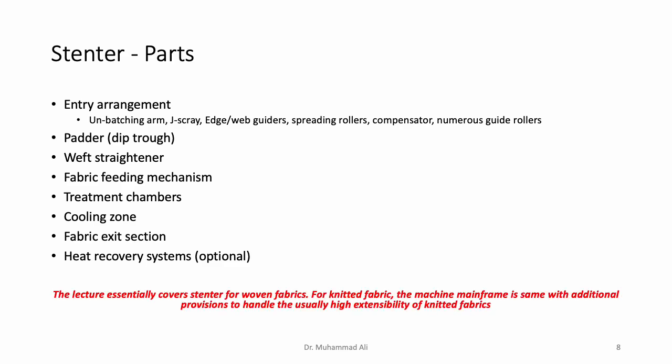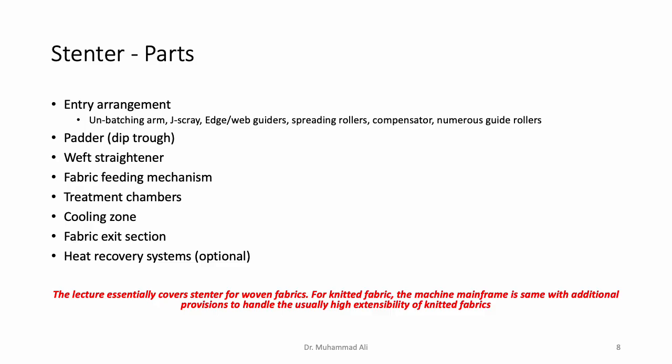Now, the description of the parts that I'm going to present in the following slides is specifically focused on stenters that are designed for processing of woven fabrics. For knitted fabrics, the stenters are slightly different.